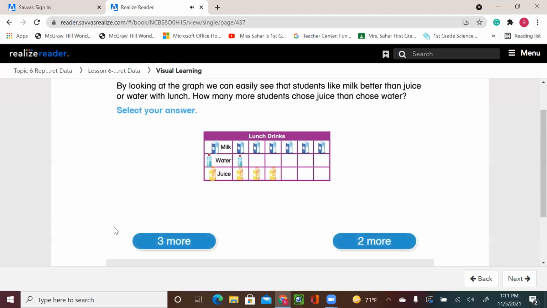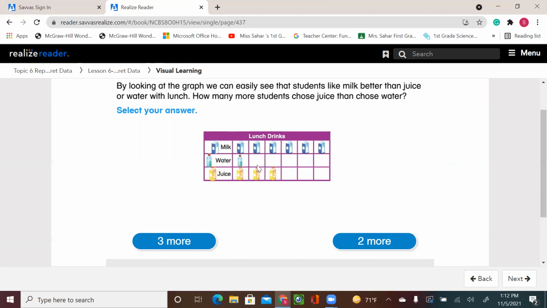All right, so picture graphs help us to easily find the survey results, what's the most favorite. For example, water or juice or milk. So which one is loved by the kids during lunchtime, that they like to drink more milk or more juice or more water.